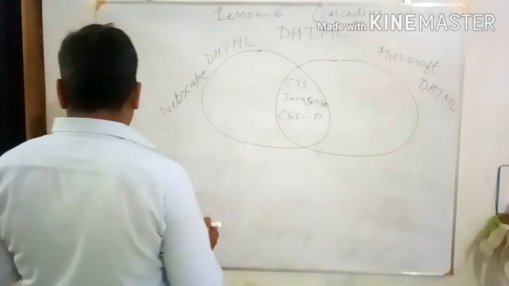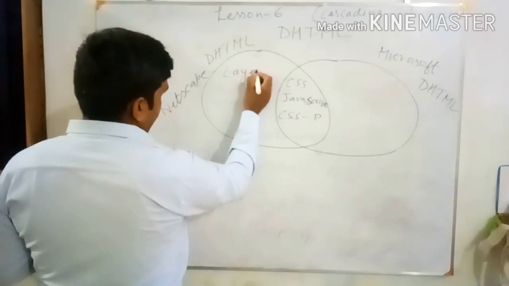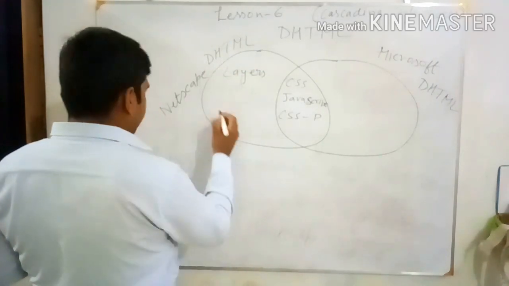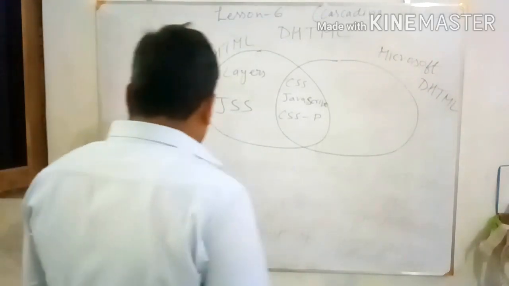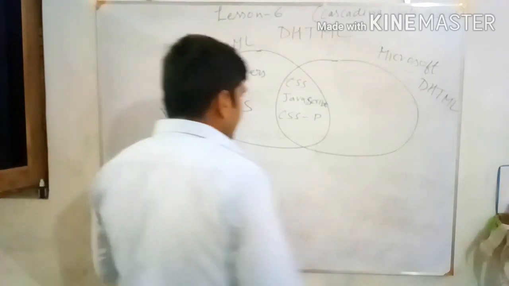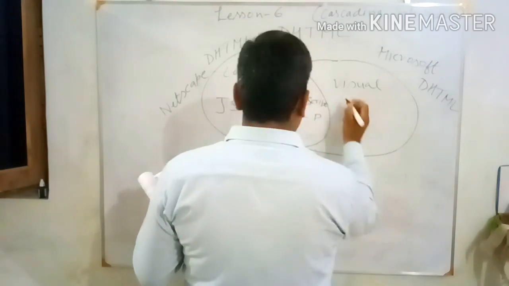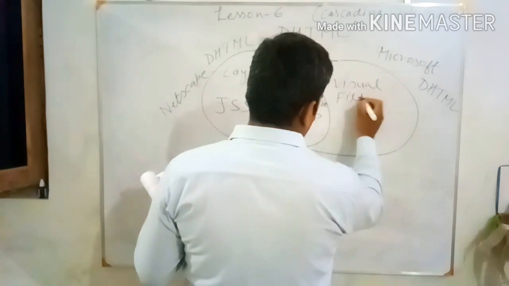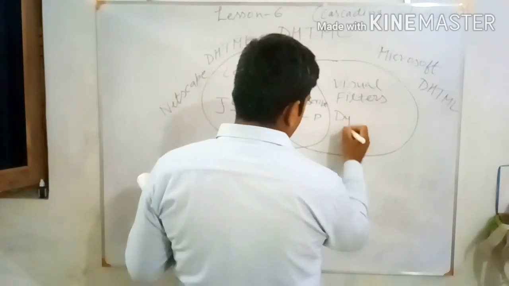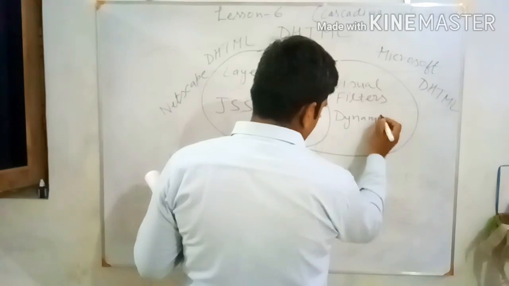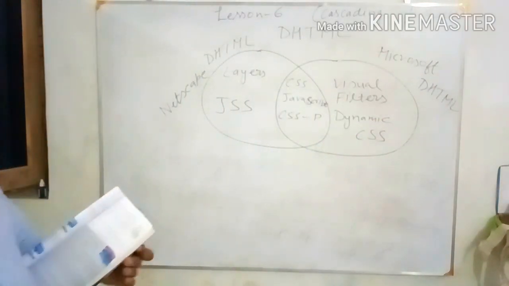In the Netscape DHTML there are layers, and JSS is used. And in the Microsoft DHTML you find visual filters and dynamic CSS. So these are the things you see in the DHTML.